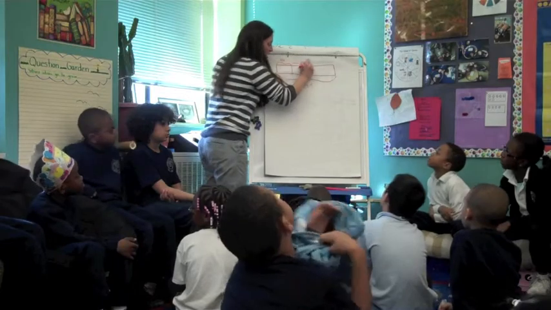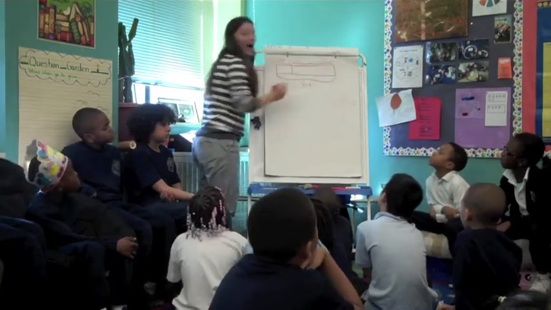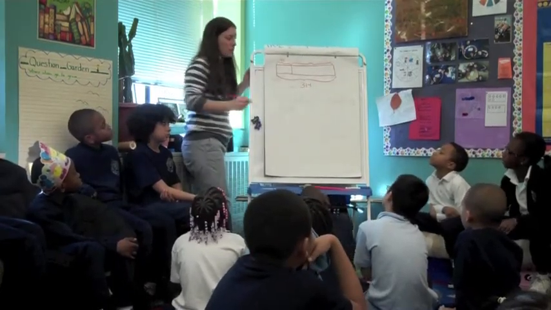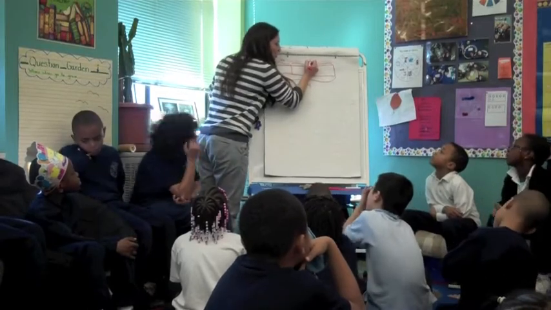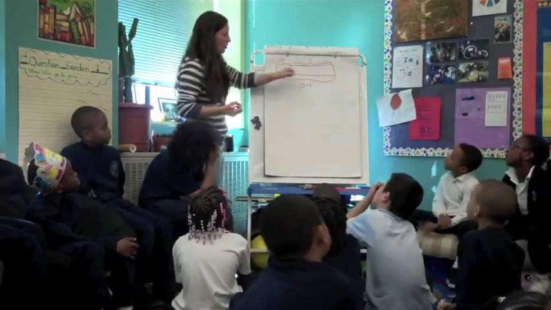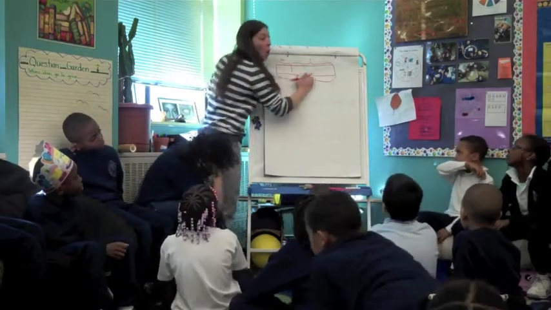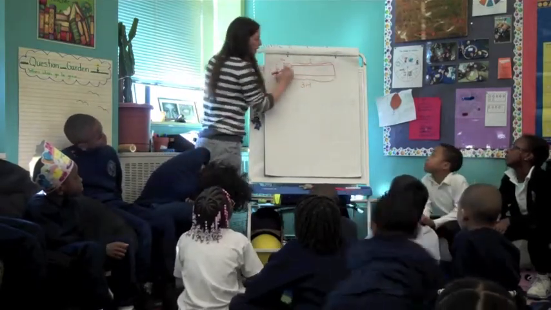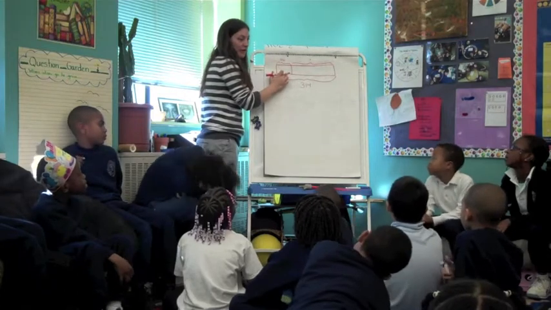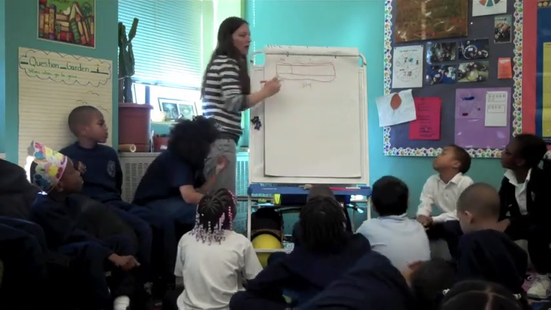This other part, I don't know, right? I don't know how much this is. I know how much the whole thing is, and I know how much this part is. I don't know this part.